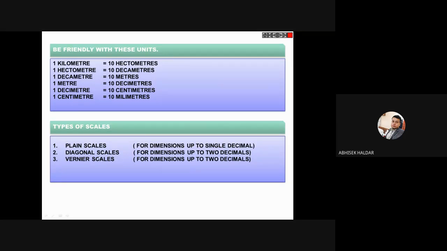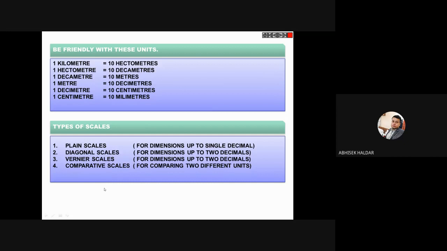I think you have used this type of scale, the vernier scale, at school level in your physics lab. And what is a comparative scale? It compares two different units. For example, if I have centimeters and also inches on a single scale, that scale may be called a comparative scale. That means you can compare two different units in a single scale.